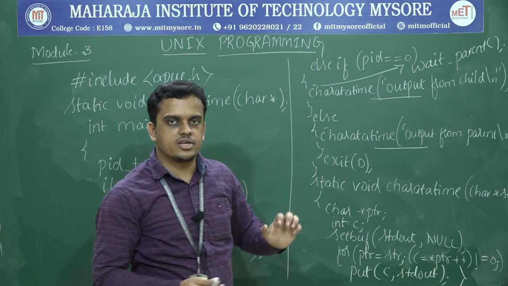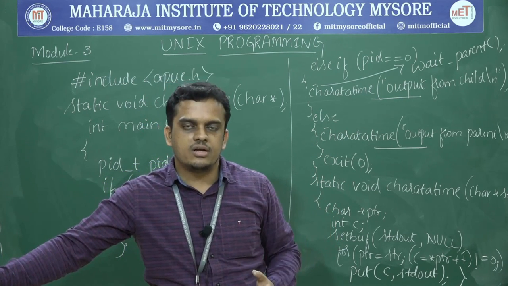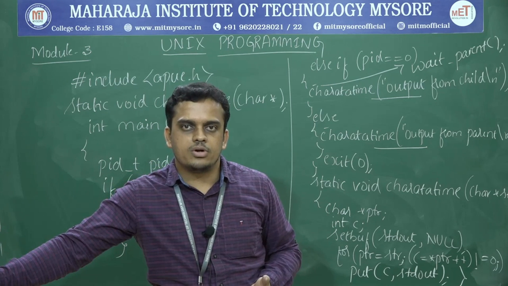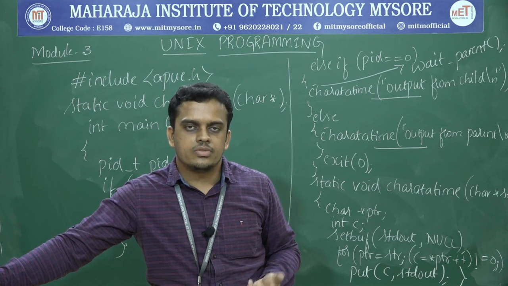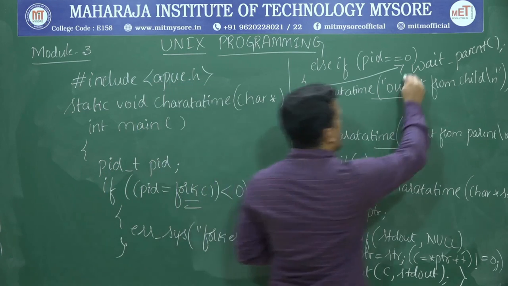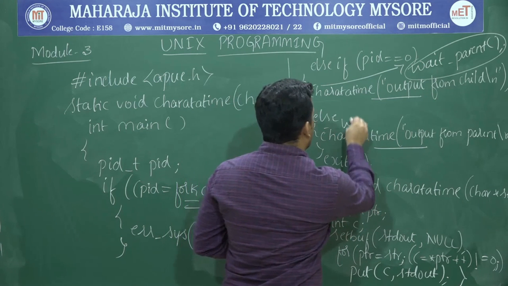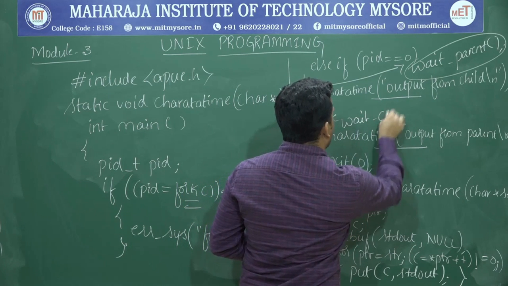So here there are 2 different functions, wait parent and wait child. With the help of which we can synchronize or control the execution of a parent or a child process. Here we make use of wait parent, and here we make use of a function called wait child.